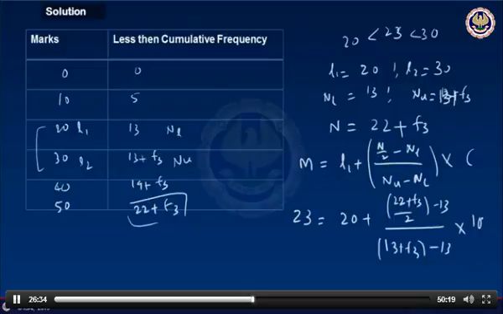Before simplification, 23 minus 20 is 3, and in the denominator 13 plus F3 minus 13 is cancelled.